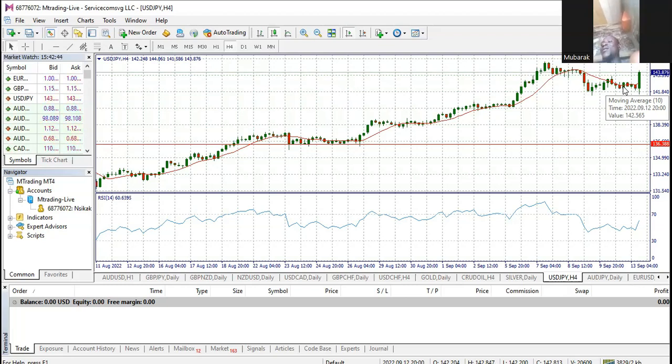What made me buy USD JPY is I saw liquidity around all this stuff. That's the reason why I bought USD JPY. And I'm expecting that if news comes out, it will take out all this liquidity around this up. And the same thing, that's how I did my analysis on CAD JPY also.